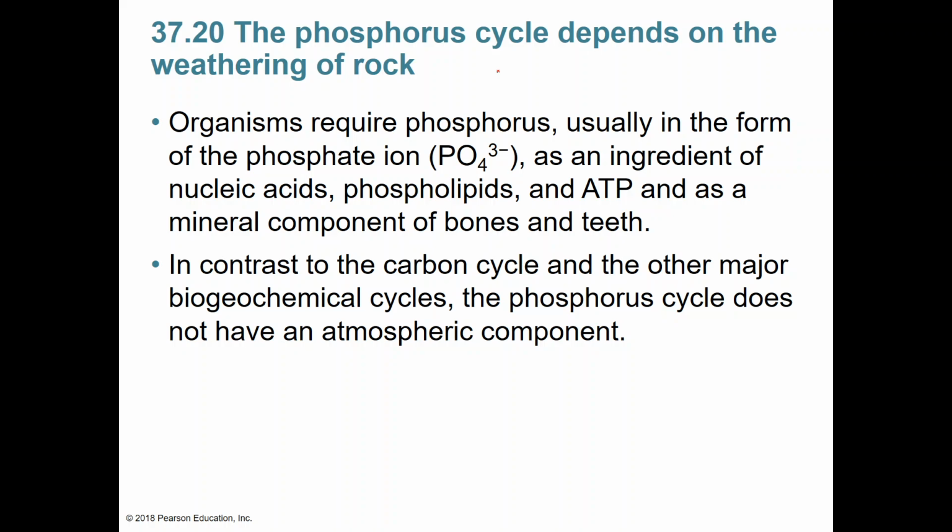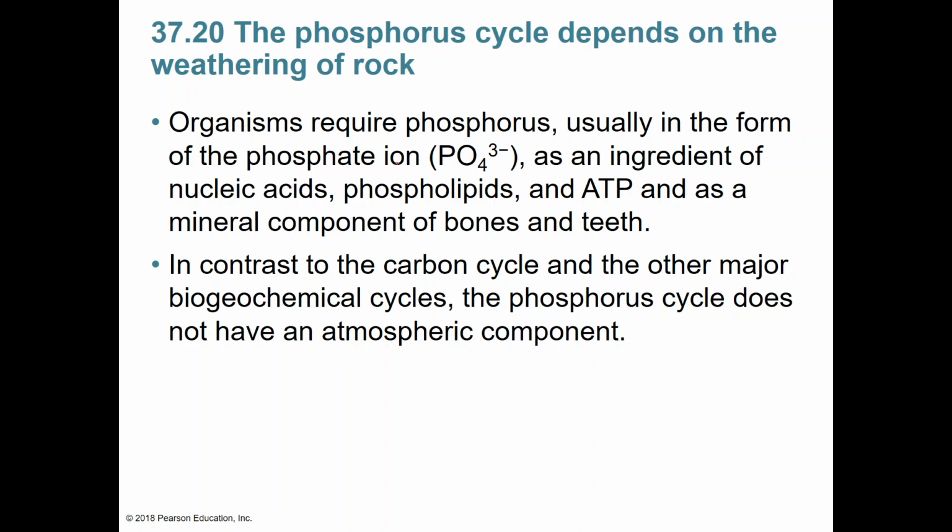Okay, so another chemical cycle that is important to understand, because it's a chemical that's necessary for living organisms, is the phosphorus cycle. Organisms require phosphorus. If you remember when we studied cell biology, the phospholipid bilayer makes up cell membranes.